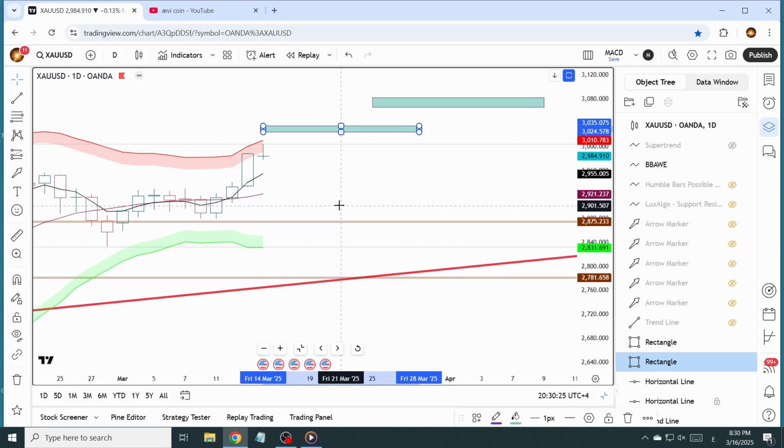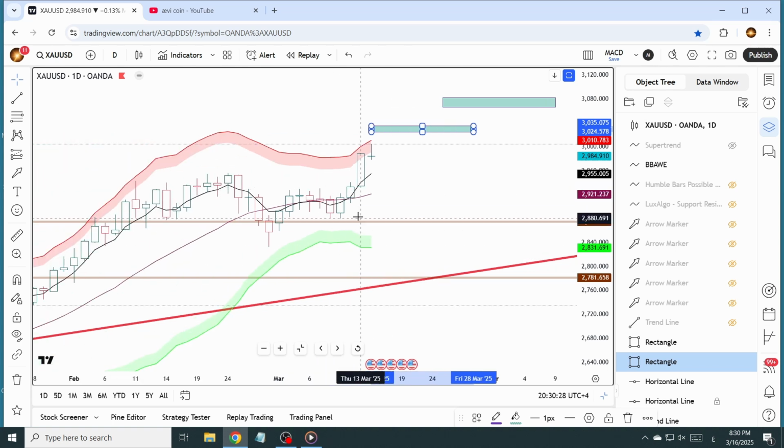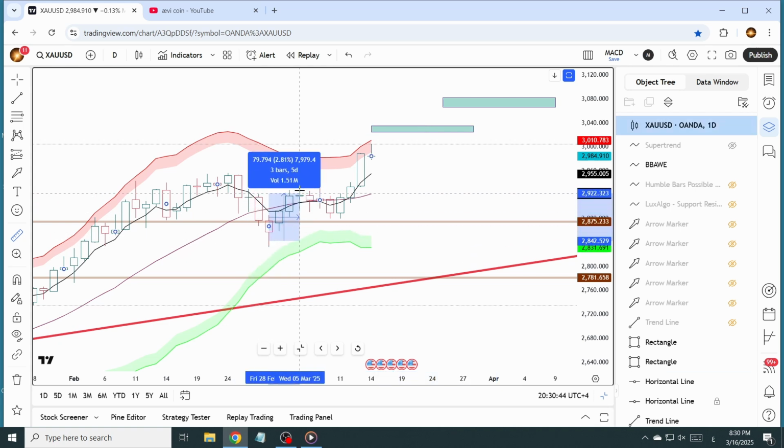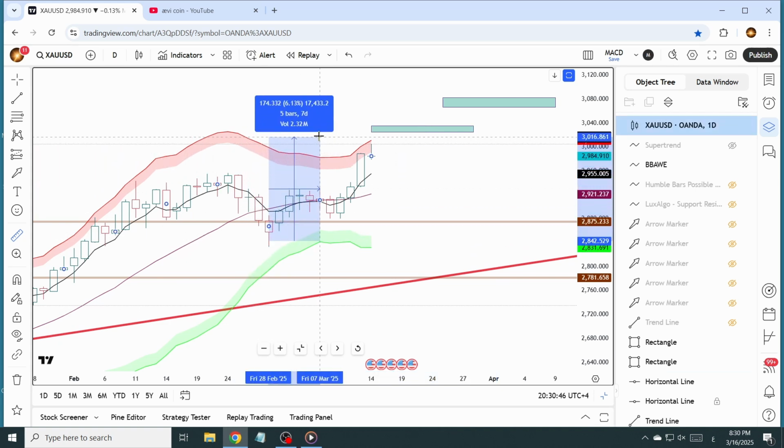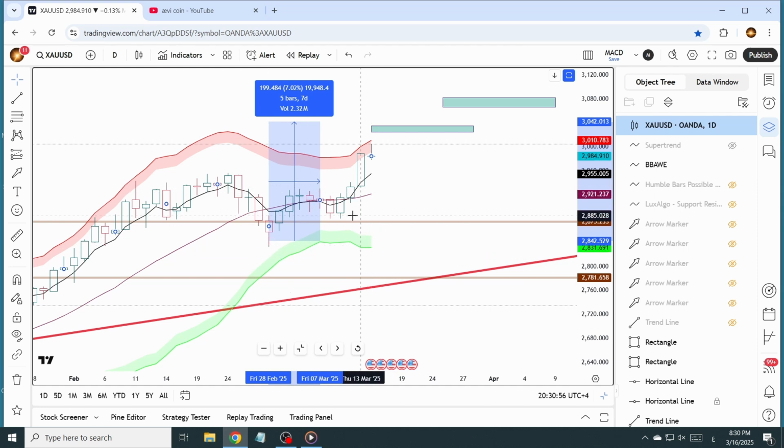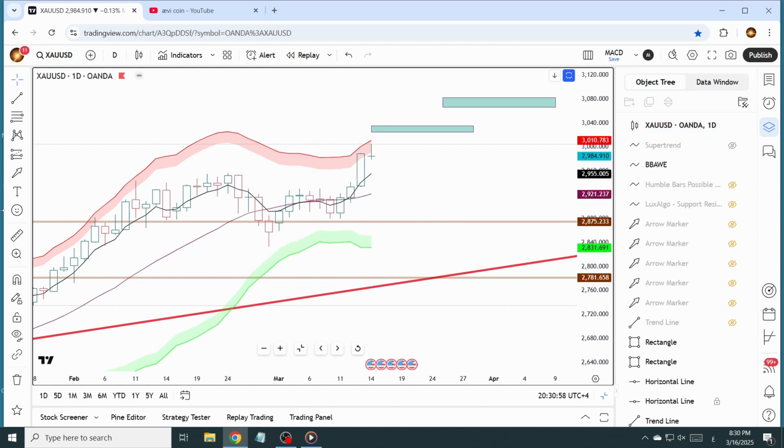Now, why these numbers? Because if we look at the price's last low points, we have two low points. The first low point here, whoever bought here, they could hold their position up to $200. As you see. Now, whoever bought here, they could do also the same.